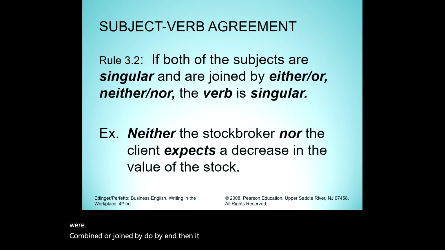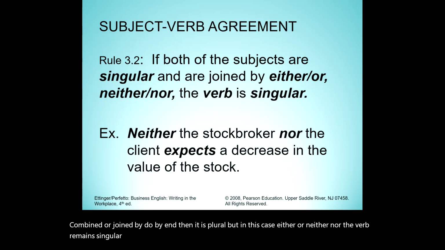But in this case, either or, neither nor, the verb remains singular. So here's an example. Neither the stockbroker nor the client expects a decrease in the value of the stock.